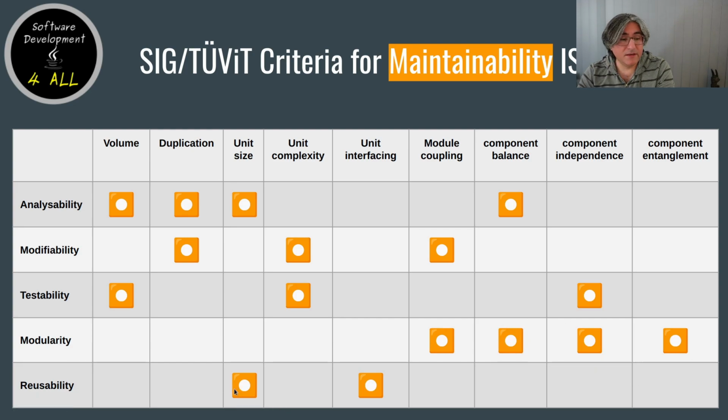Then we go to the reusability, and the reusability is impacted by two metrics: the unit size, so how big the unit is, and the unit interfacing. The unit interfacing is one that I didn't know before by name, but I knew it existed. It's basically the number of arguments that your method or constructor has. So if it has a lot, then it's probably doing a lot.